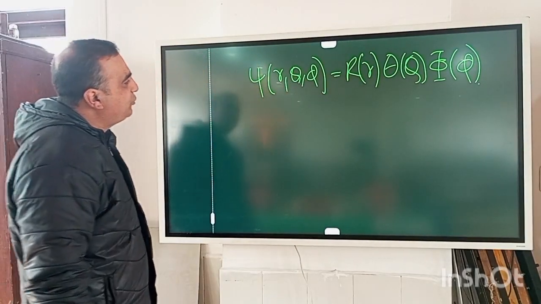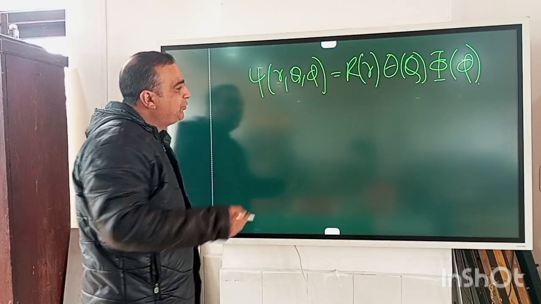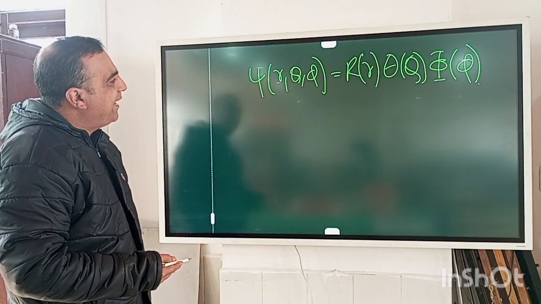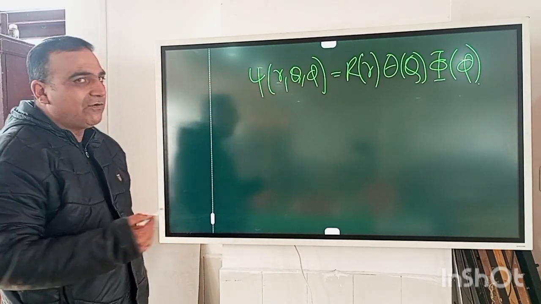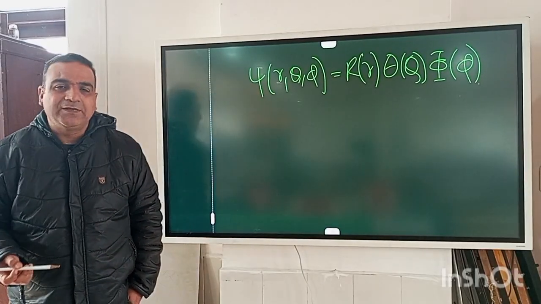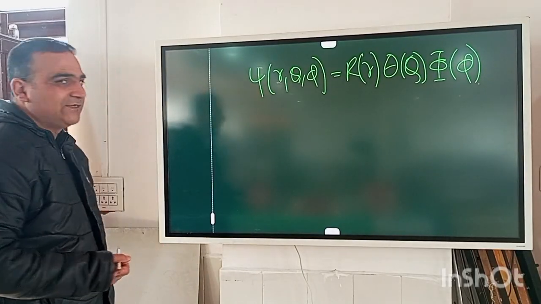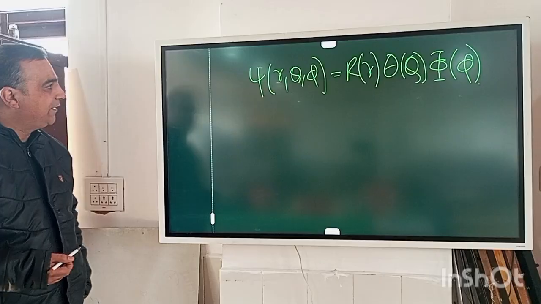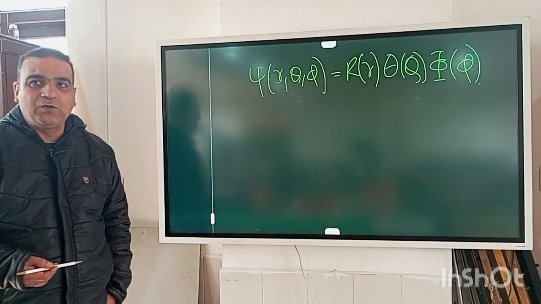Now I'm going to differentiate this equation and directly substitute those results in the Schrödinger's wave equation that we have written in spherical polar coordinates.